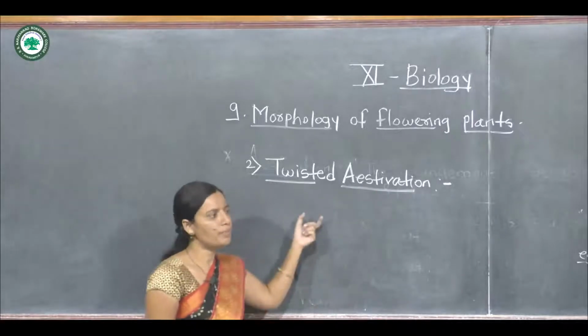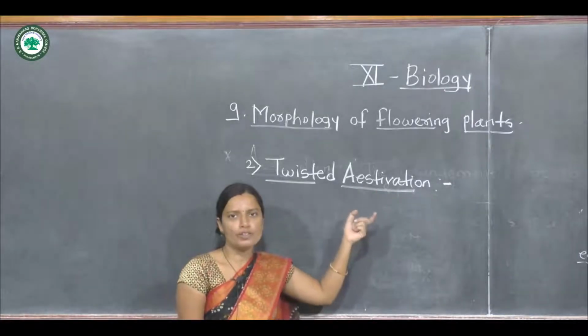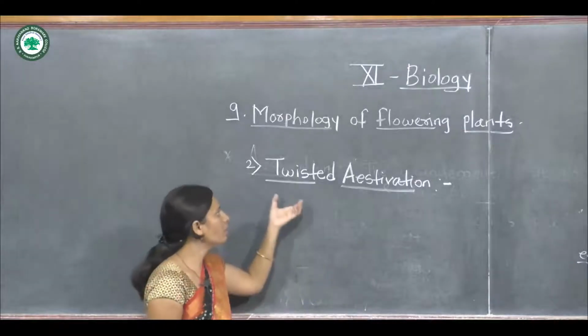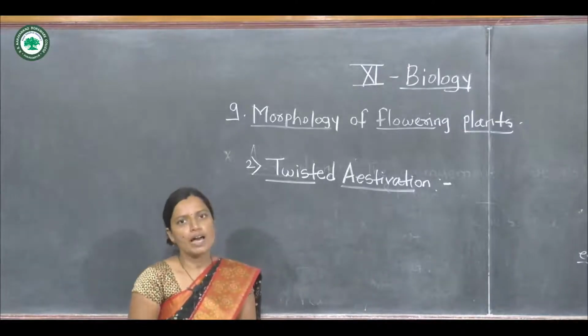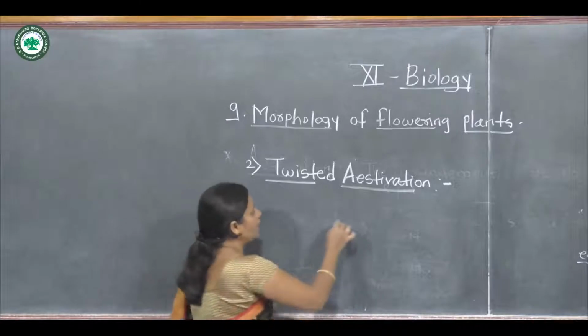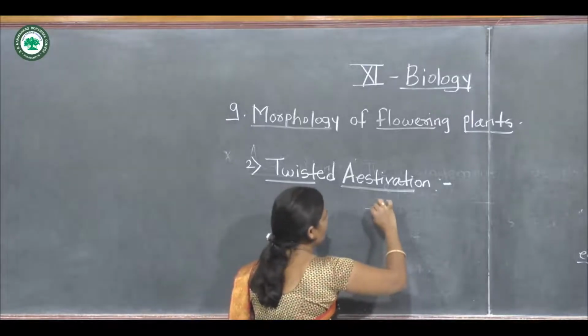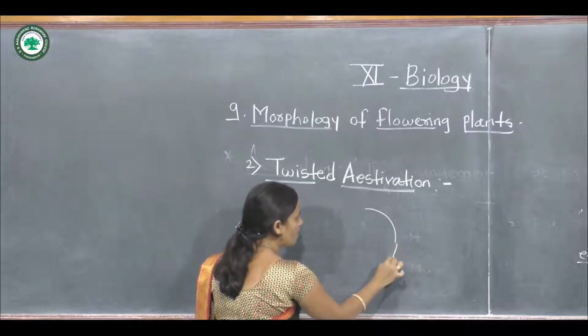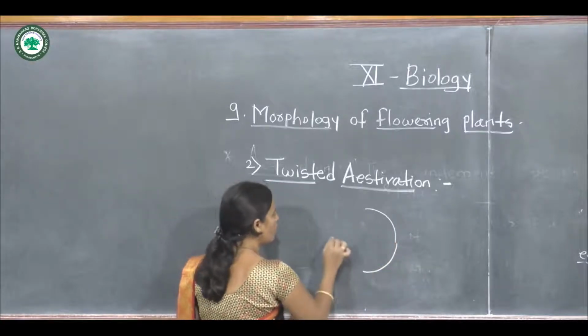For example, the corolla of the China rose or hibiscus flower shows the twisted type of estivation. Now in the diagram, this is the corolla of the hibiscus flower, or China rose.